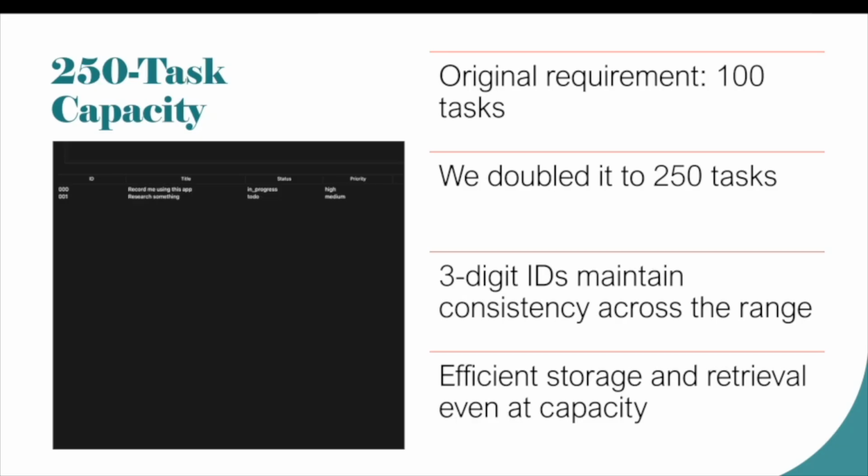With this, it's something that could be easily remembered. The users can say, oh, hey, they can reference a task by its ID without it being incredibly complex like it was before. This is a great implementation. It is efficient for storing the tasks and for retrieval, and it makes it very easy for users to use this application.